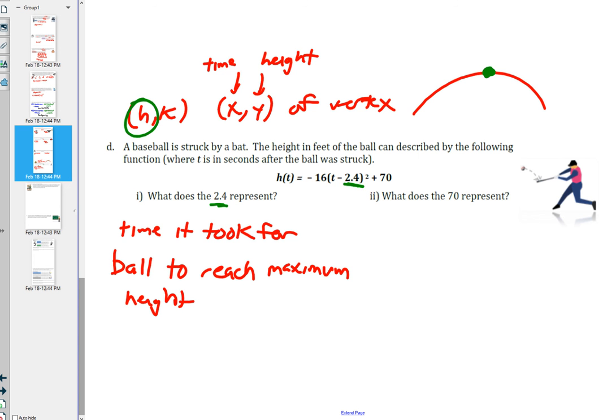And what does the 70 represent? The 70 is the maximum height. Since we understand vertex form, this point is at 2.4 comma 70. The 2.4 is how long it took to get there in seconds. The 70 is how high the ball got.